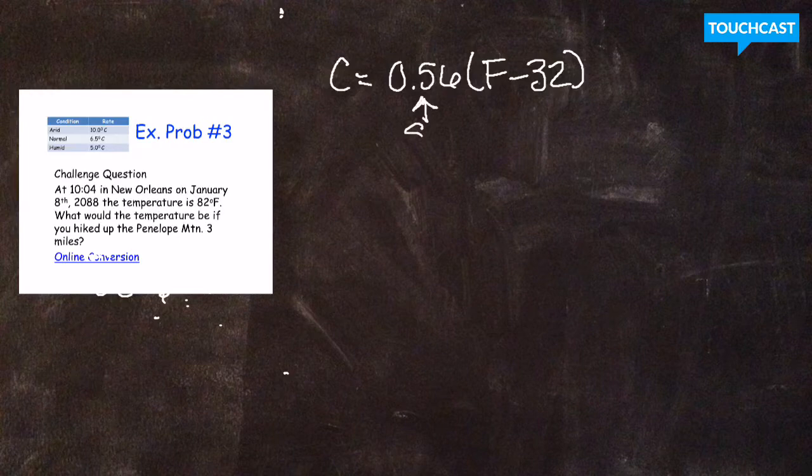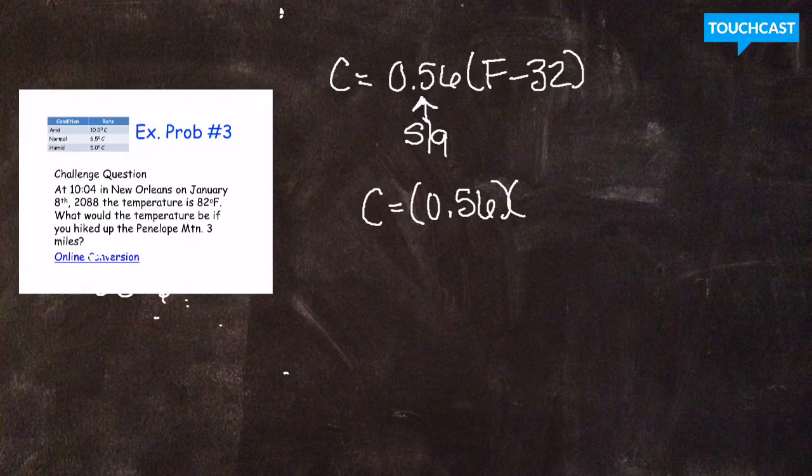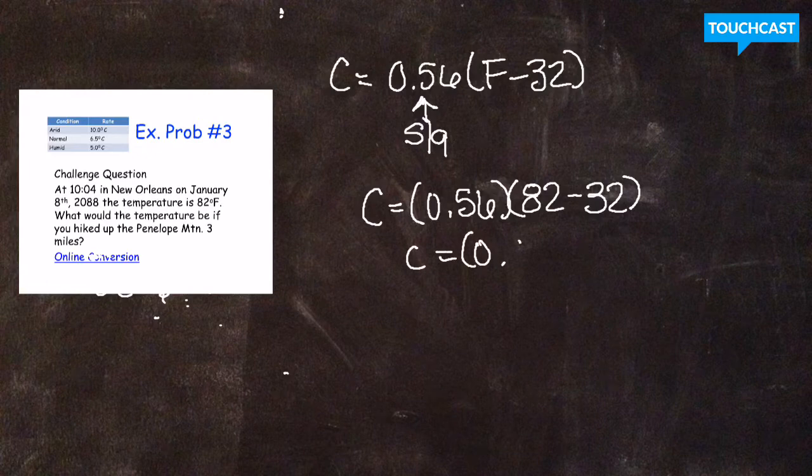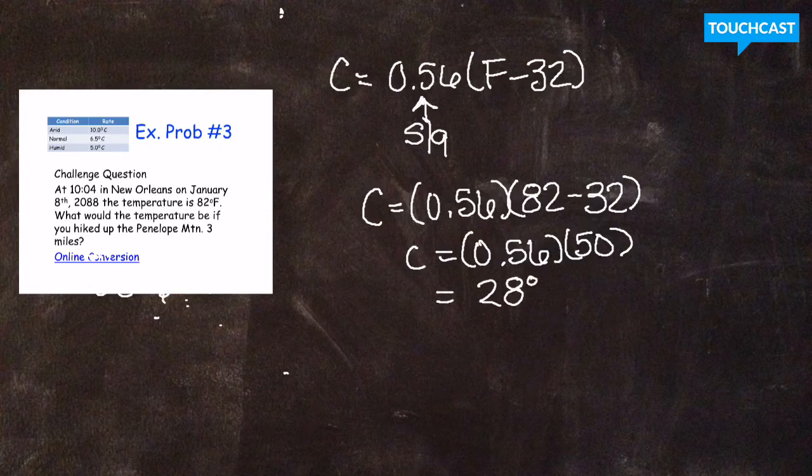You've seen this as 5/9 instead in all your textbooks before. So I just went ahead and divided 5 divided by 9. So we have C equals 0.56 times F, which is 82, minus 32, and that gives us C equals 0.56 times 50, which then gives us 28 degrees Celsius.